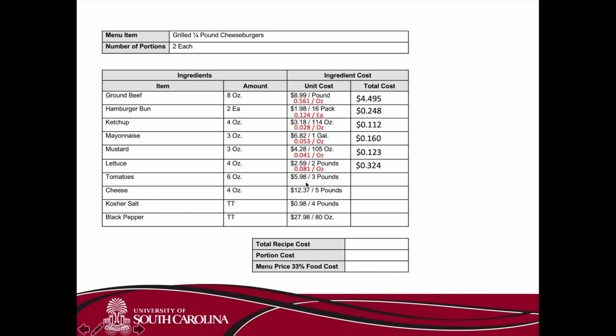So if it's $5.98, we divide that by 48, and then you get your total here of 12.5 cents per ounce. Multiply 6 ounces right here by our cost per ounce, just under 75 cents.